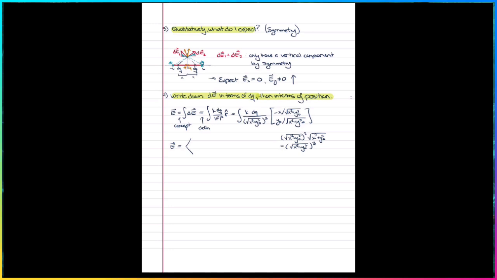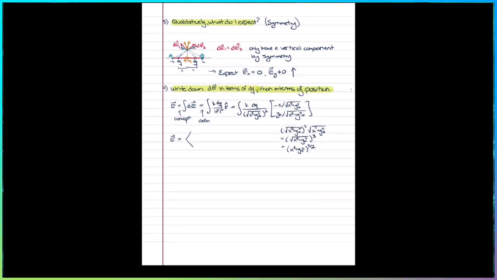Essentially you have the square root times the square root times the square root. But then that's nice, because then I can write it as x squared plus y naught squared to the 3/2, which is just what the square root is. So that looks like the x component is negative k x dq all over x squared plus y naught squared to the 3/2.